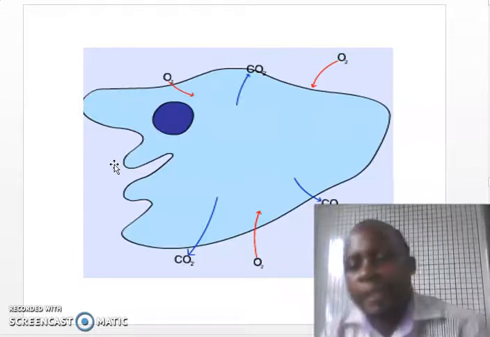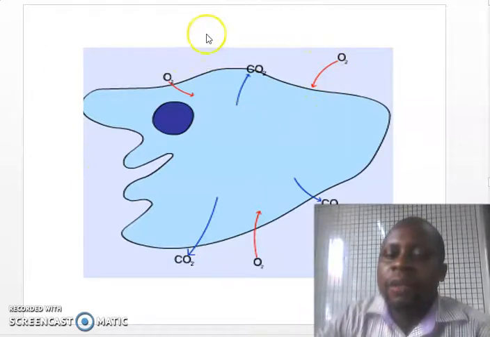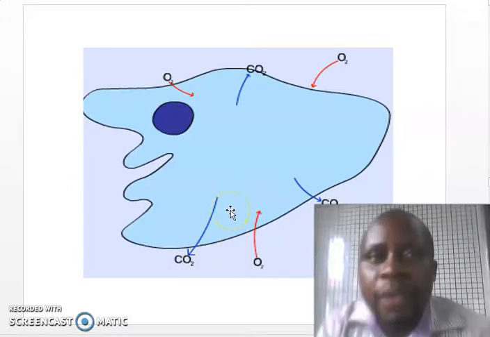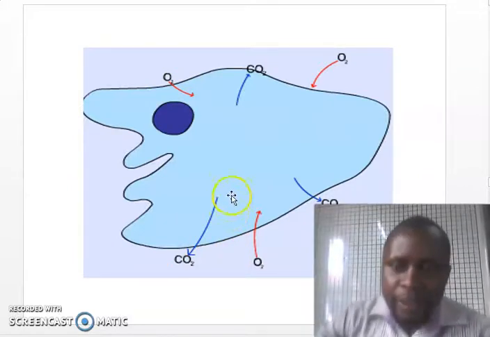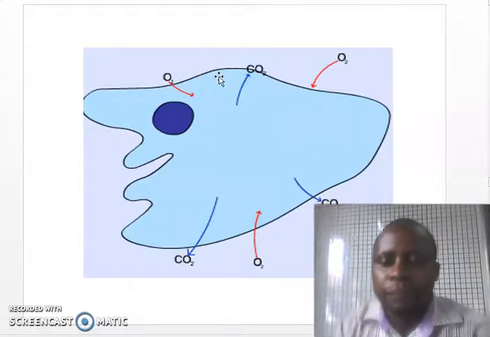The diagram illustrates that you are able to see oxygen moving in, carbon dioxide getting out. It is important to note that inside this protozoa, like amoeba, respiration occurs.